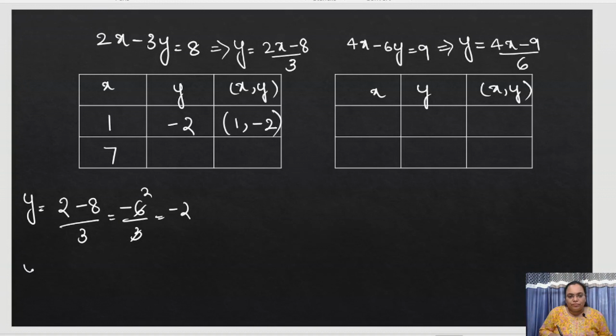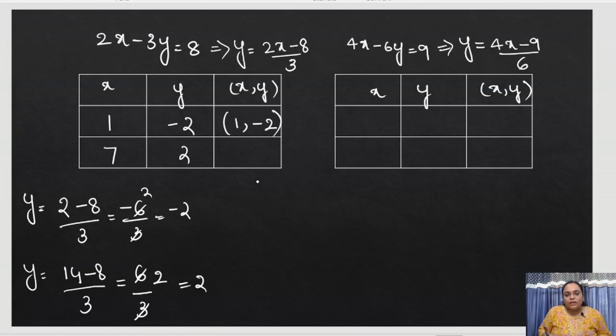So see here, if x is 7, 2 sevens is 14, 14 minus 8 by 3, which is 6 by 3, which is 2. So the coordinates are 7 and 2.